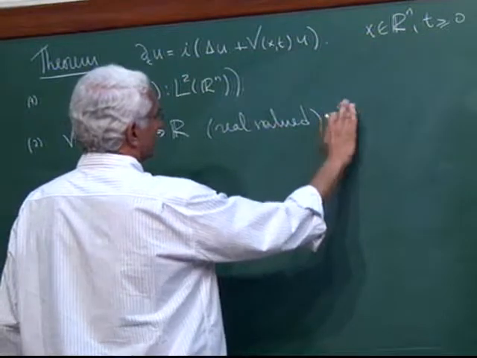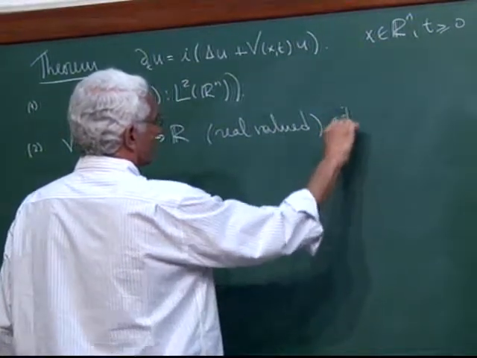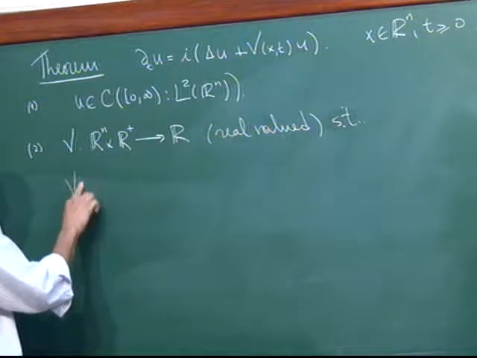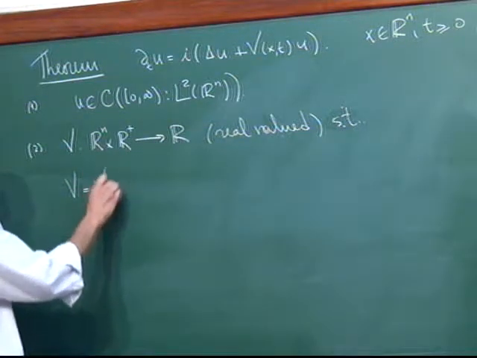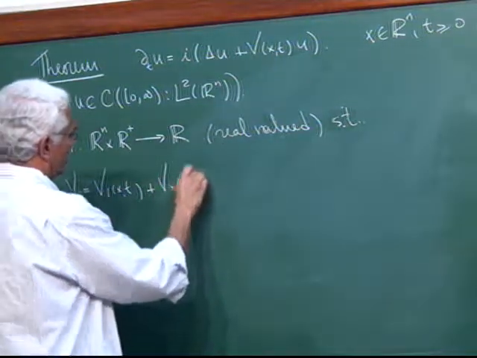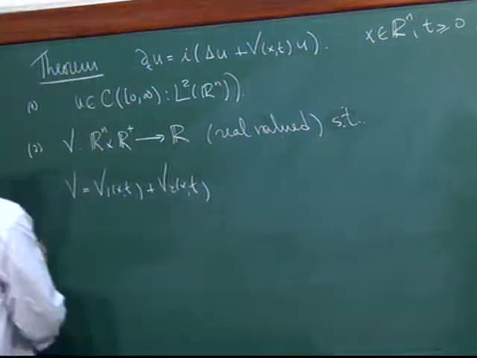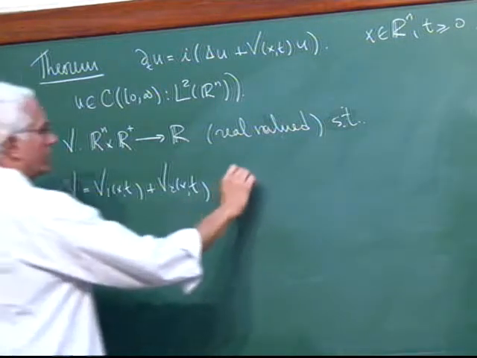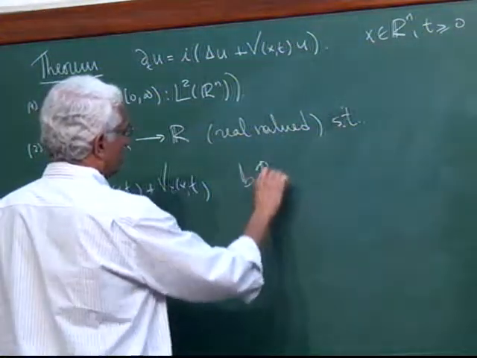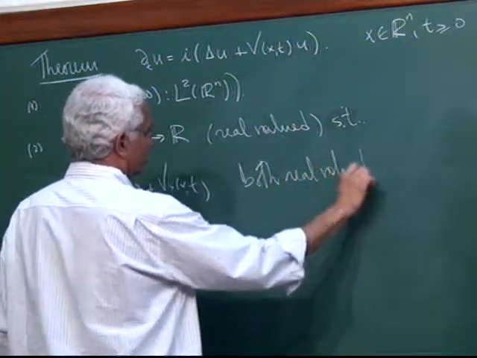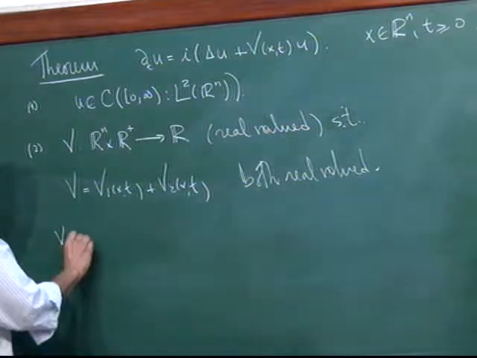Such that you can split B in two pieces, both real valued. The first piece has this decay.